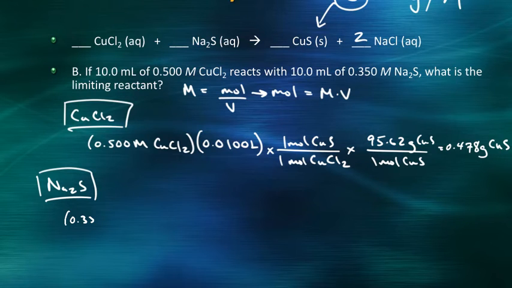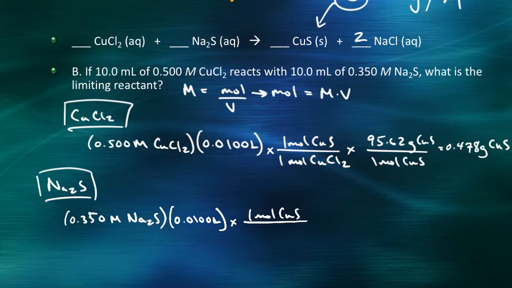Let's label that. Let's go back, 0.350 molar Na2S, and we have, again, 10 milliliters of it. Make sure it's in liters when we're plugging it in here to make sure we get that into the proper moles. And then our ratio is 1 mole of CuS for every 1 mole of Na2S, and we'll multiply times the molar mass of 95.62 grams of CuS.